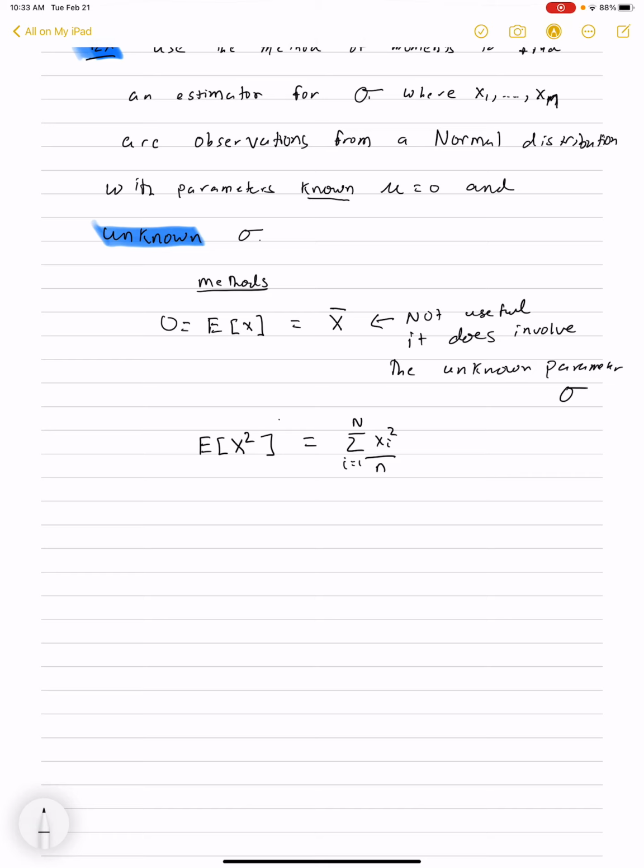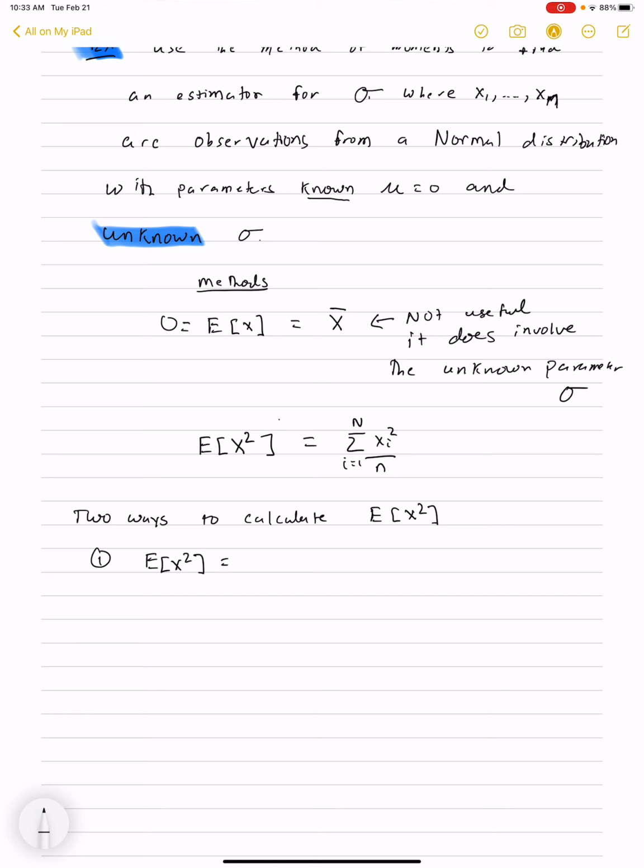We could do it directly from the distribution because we know it's a normal distribution. So here are two ways to calculate E of x squared. Here's the first way. You can just use the definition.